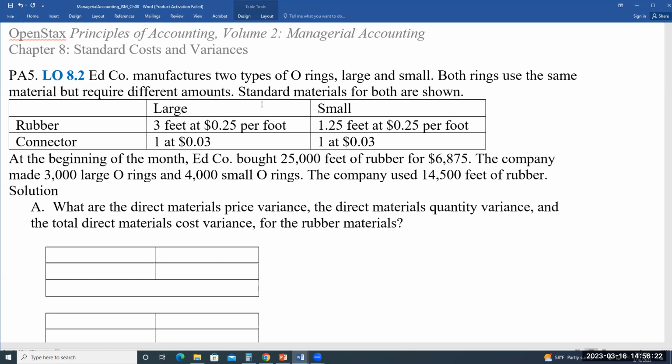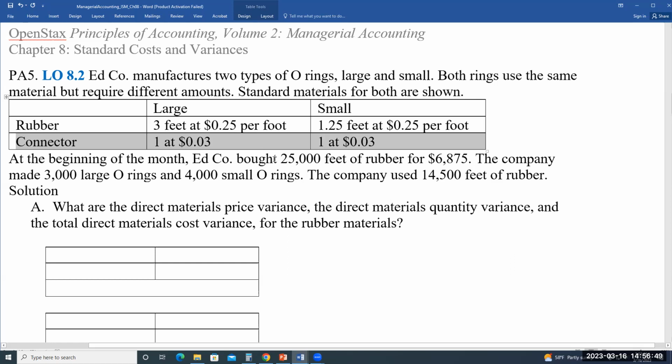And we've got 2 different sizes. So we have a large O-ring, we have a small one. And each one is comprised of rubber, but it also has a connector. So those are the 2 different materials.